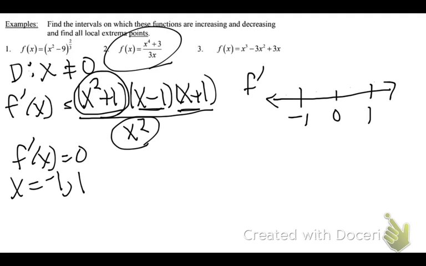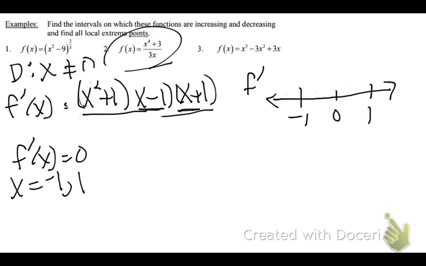All right, so let's plug in like a -2. If I plug negative 2 into my derivative, this first factor in my derivative is never going to be anything other than a positive number. Because we had x squared there, whether it's negative or positive, that will become positive plus one more. So this part is always going to be positive. So I really have to focus on these other pieces.